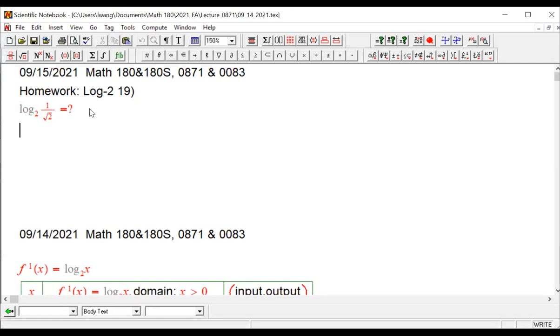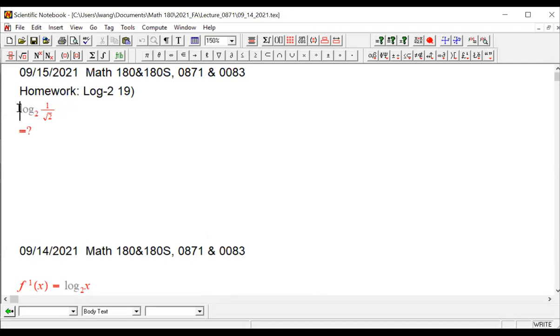There are a couple of different ways to do it. So I'm going to show you the first way. You can just go straightforward. What you can do is convert 1 over root 2 into something like this.